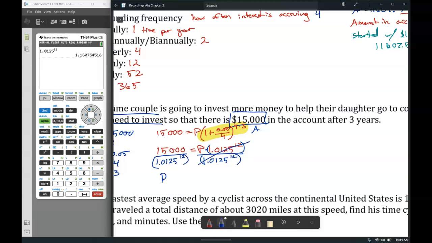So in order to get P, all we have to do is evaluate 15,000 divided by 1.0125 to the 12th power. 15,000 divided by, let's make sure that we don't mess this up, so we'll use some parentheses, to the power of 12.